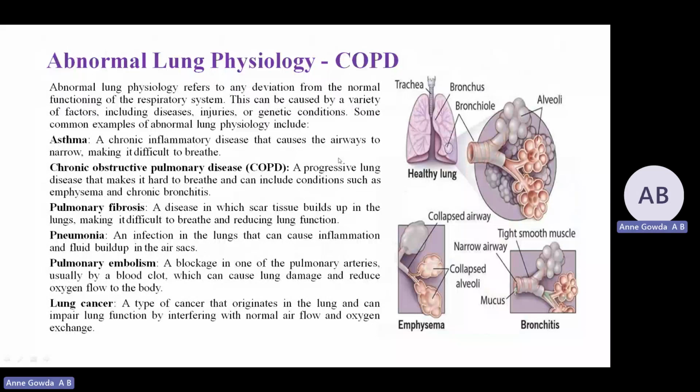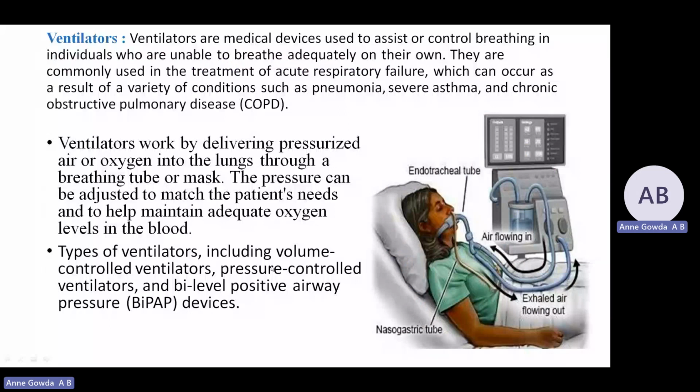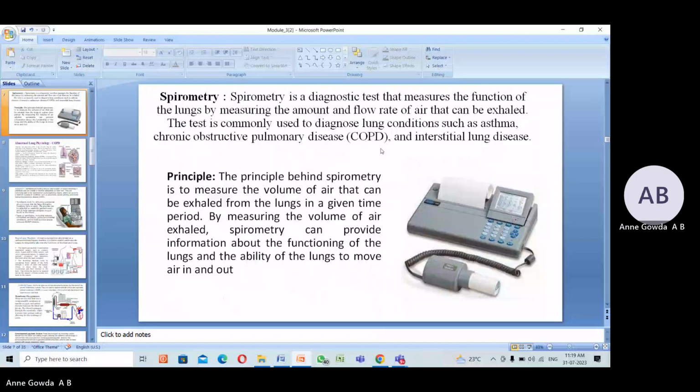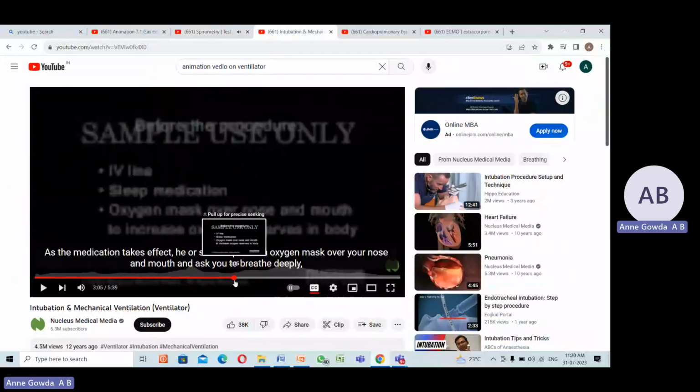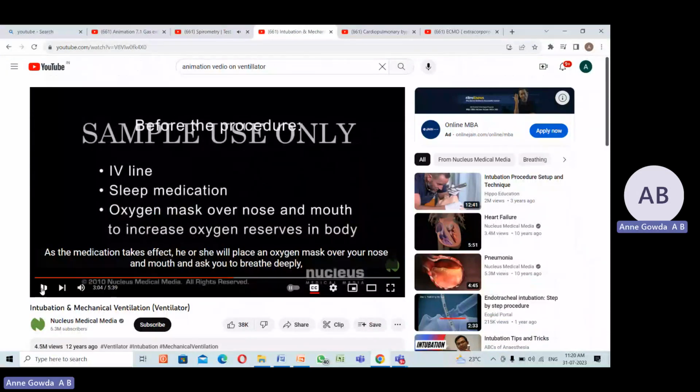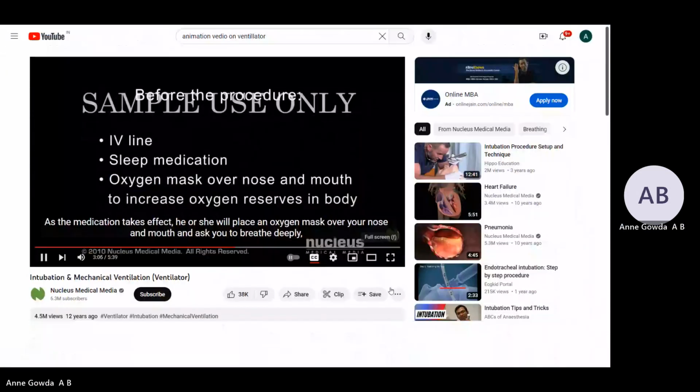If a person is not able to breathe on his or her own, then they will be assisted with these ventilators. All of you might have seen them. We'll see how the insertion procedure takes place.